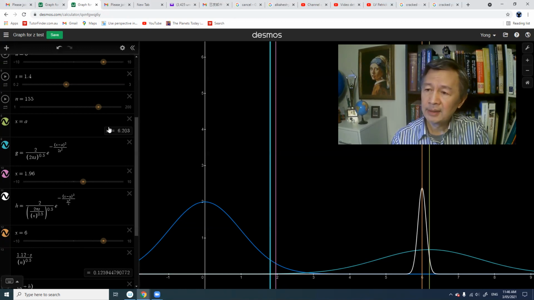Instead, it is built on unknown facts, such as the standard deviation and the mean of the sample mean. I hope this explanation will give you some new insight into the so-called hypothesis testing, which in my opinion is not reliable at all. Thank you.